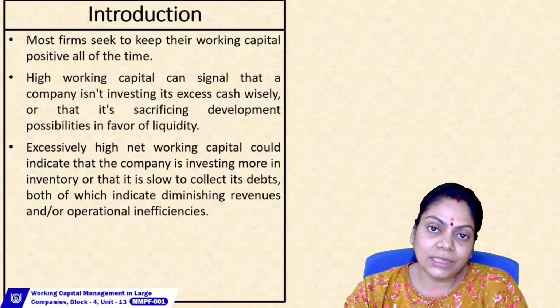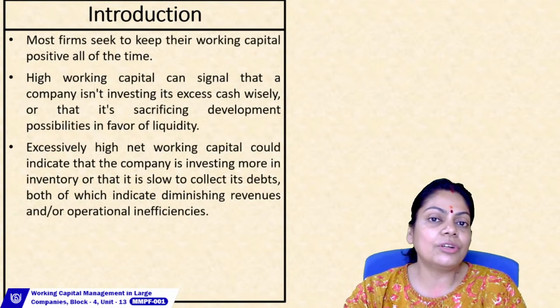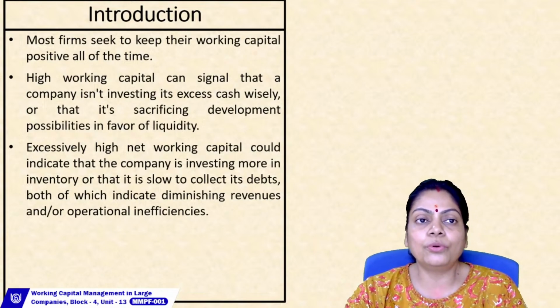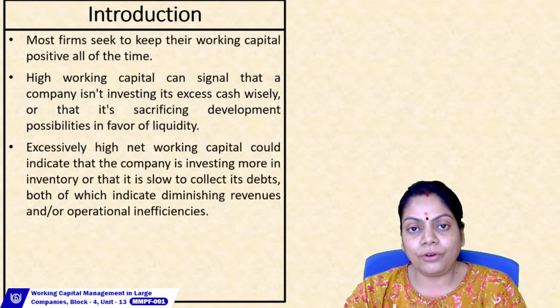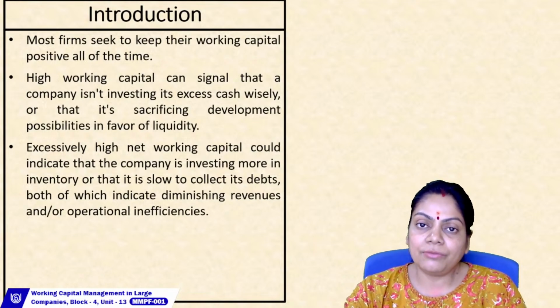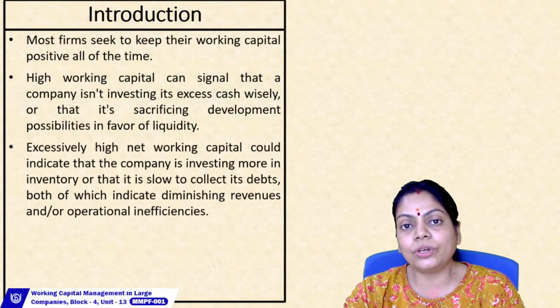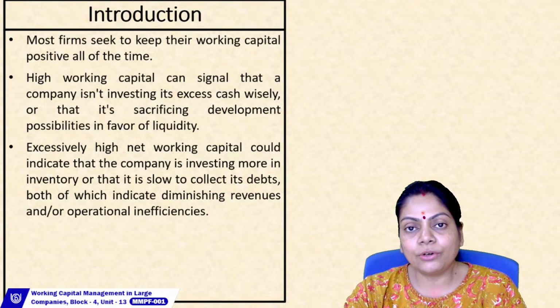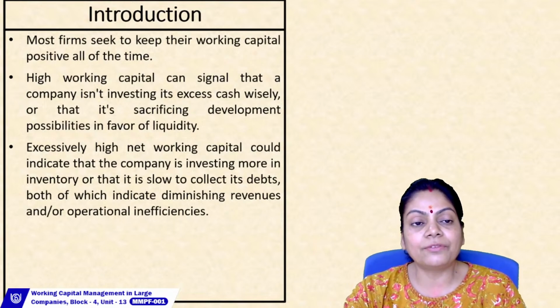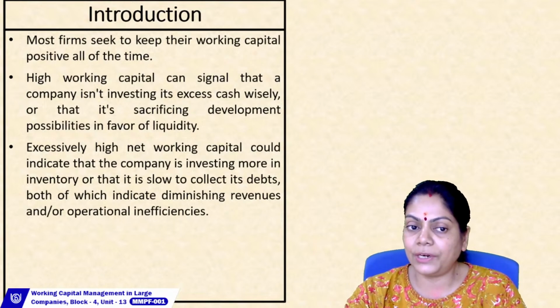Because cash, if you keep it with yourself, will not generate anything. To earn some return on your cash, you have to invest it elsewhere, like in a security, or use the cash in stocks and goods, which will turn over and give you a rate of return.